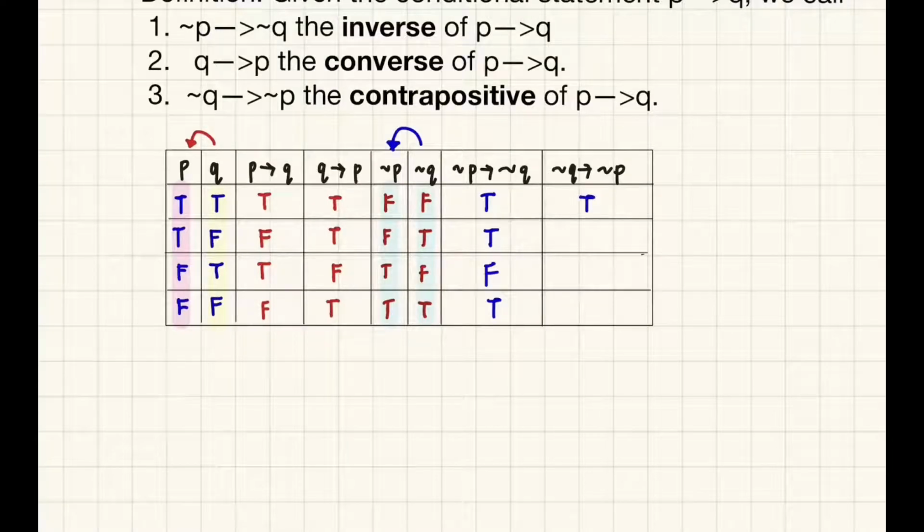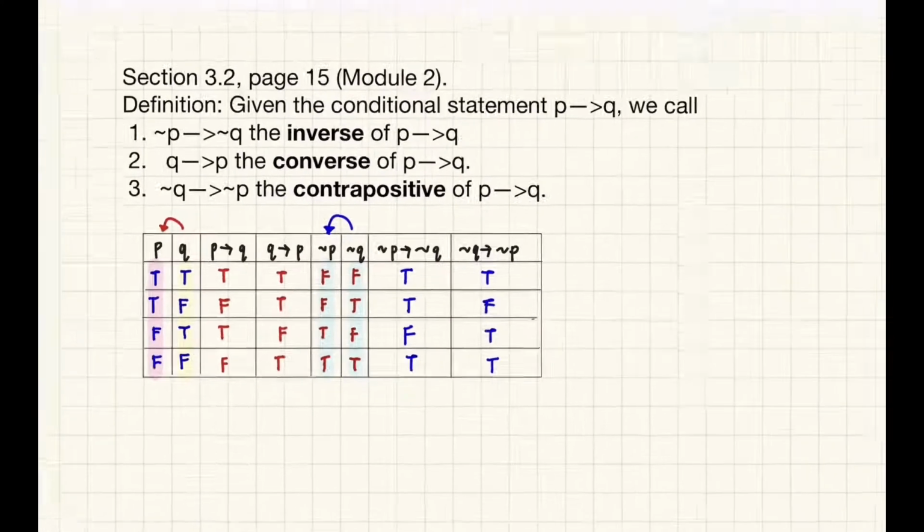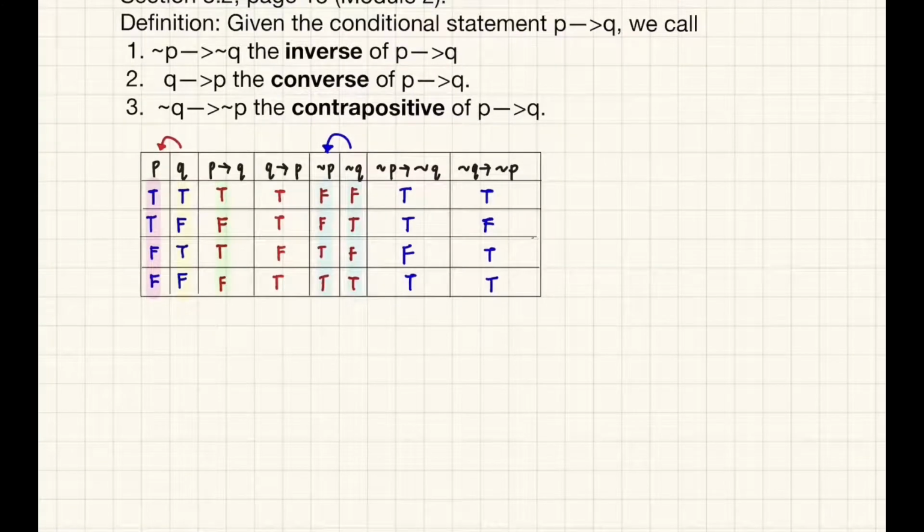Okay, so the same thing with our contrapositive, we just do the otherwise. We have to evaluate not Q, if not Q, then not P.